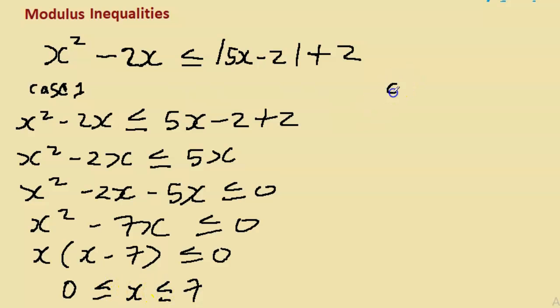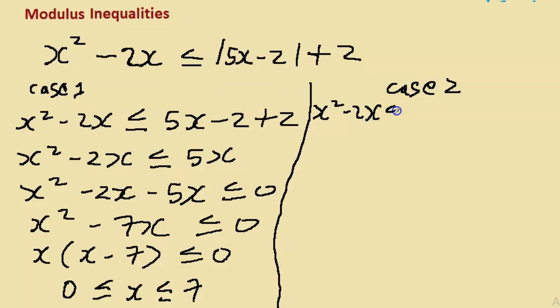Case 2. Case 2 is a case where we take a negative of the absolute value. So x squared minus 2x less than or equal to minus 5x minus 2 plus 2.